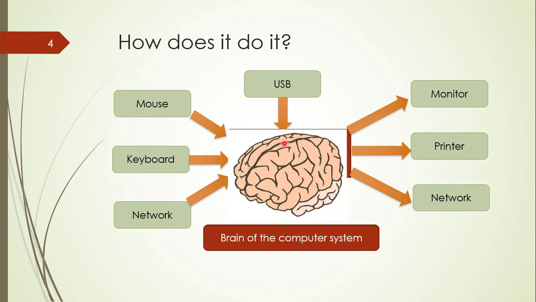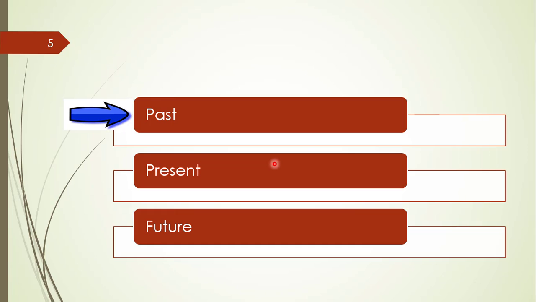And all of this work is done within the processor, which is pretty much the brain of the entire computer system. We will discuss the past, the present, and the future of computer architecture and why it's such an exciting field with a massive potential for jobs, innovations, as well as startups.